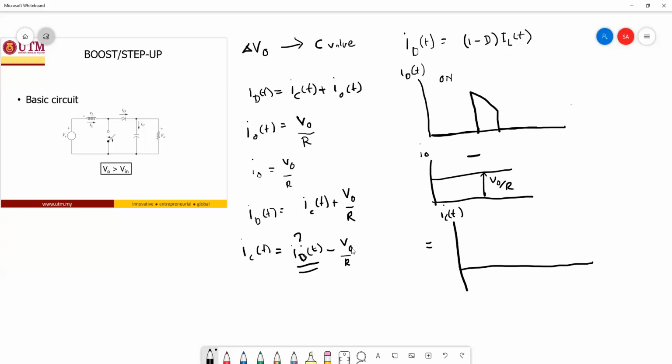The waveform shifts down, and the value of the shift is V out over R. Like this, this is my I capacitor.